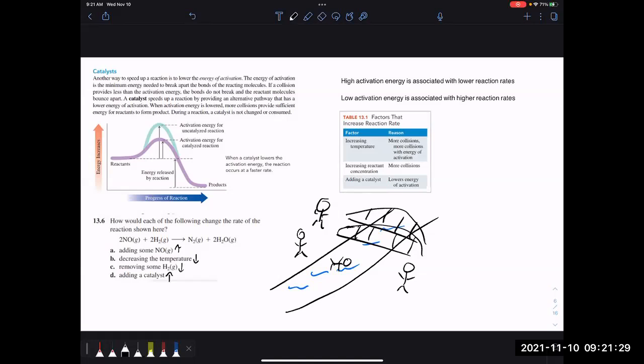And they do so by changing how we know that things react: increasing collisions, decreasing activation energy, and also increasing available energy. So if you can modify a reaction in some way to change any of those three in those directions, then you'll speed up the rate of reaction.